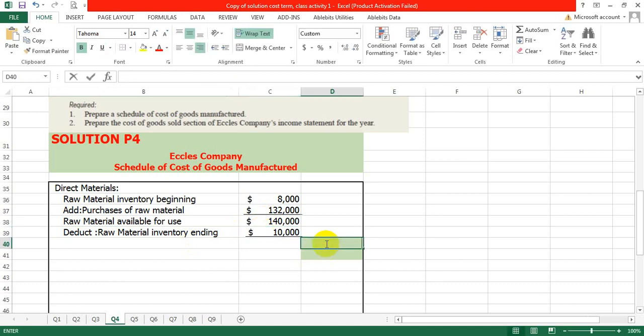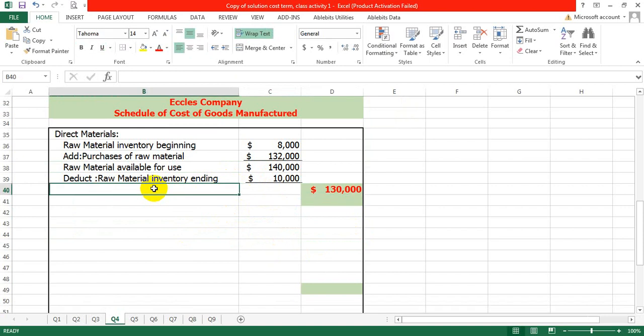So after deducting this value from the raw material available for use, we get 1,30,000. What is the name of this value? Raw material used in production.